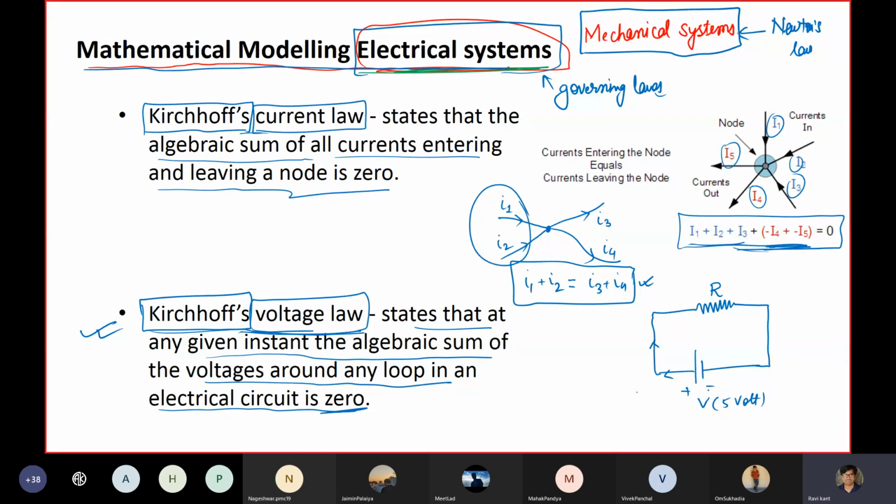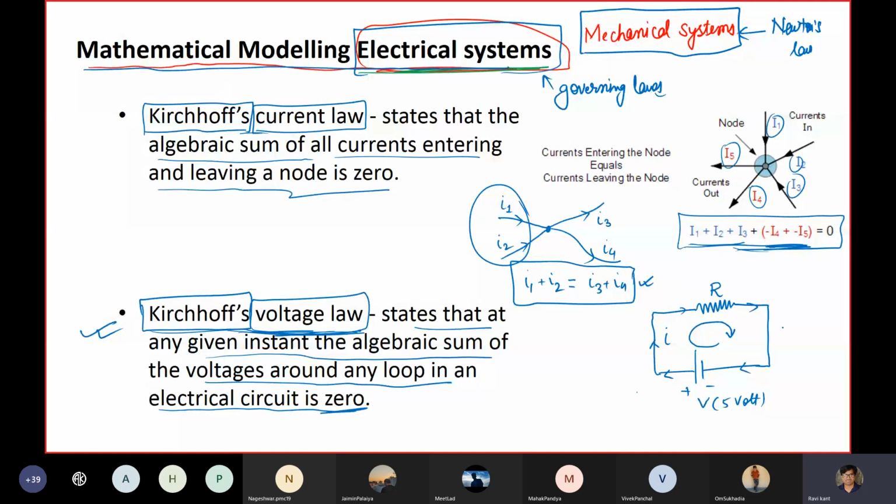You should write Kirchhoff's voltage law in a particular way, so that while making the loop, the summation of all the voltages across all the components goes to 0. This is how we should write.